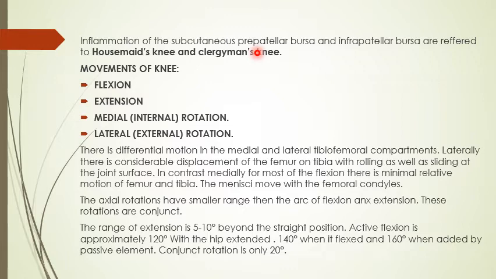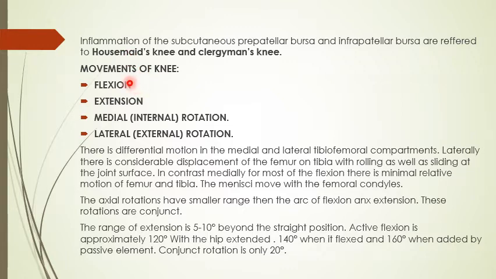So repeated friction rub leads to inflammation of the subcutaneous prepatellar bursa, which is between the skin and the patella, and the infrapatellar bursa between the ligamentum patelli and the skin, which is swollen. The knee becomes swollen and painful. Because it mostly occurs in housemaids, the name given is housemaid's knee.